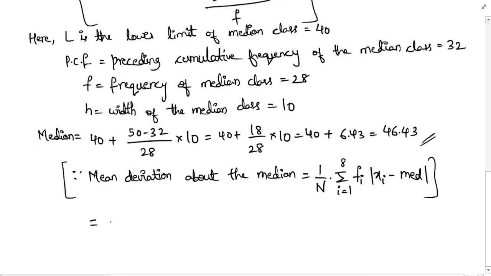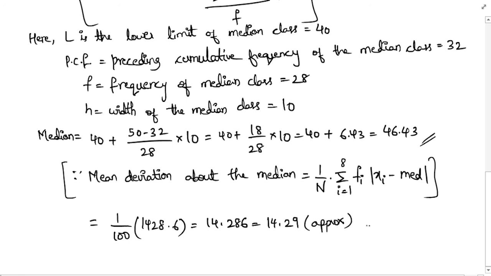That is equal to 1 by 100, the n value is 100, right? So 1 by 100 into the sum we got for fi into modulus of xi minus median, that is 1428.6. That is equal to 14.286, which is 14.29 approximately. So this is our answer.